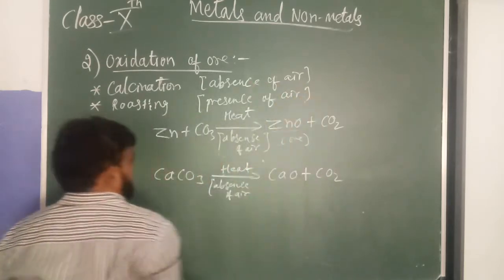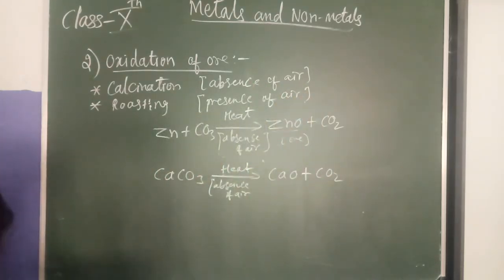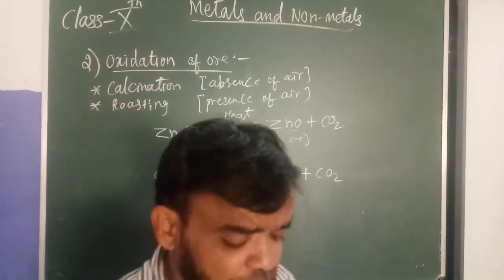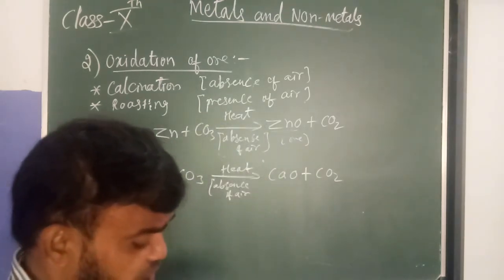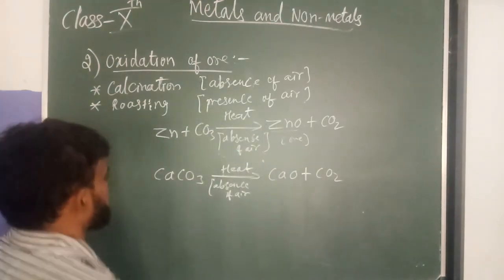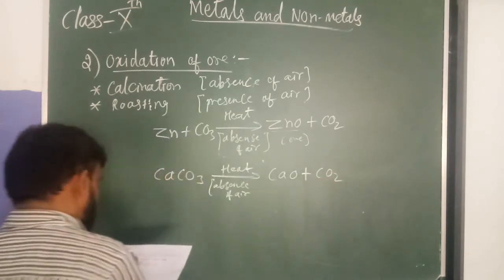This is absence of air, and this is presence of air. When ore is heated in the presence of air, it gives metal oxide. If you heat, zinc oxide will be given, and sulfur dioxide will be released.